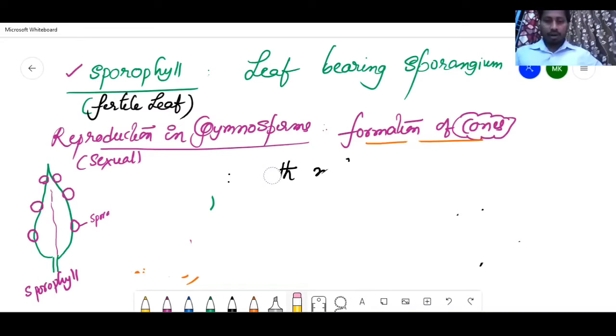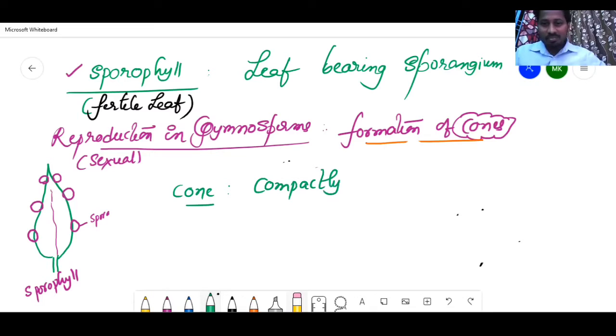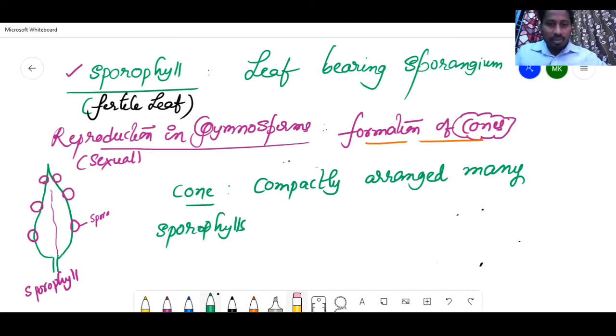Simply, you can define cone means compactly arranged many sporophylls together is called cone.